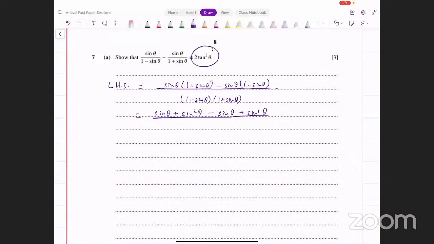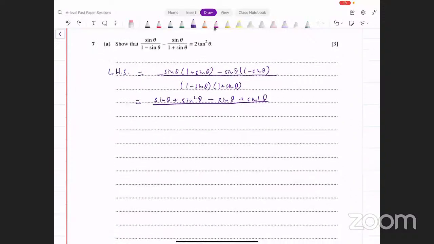हमें अंत में tan square theta चाहिए. So what we want is we want sine in the numerator and then cos in the denominator. हमें पता है sine over cos जो है वो tan बन जाएगा. So denominator में हम क्या कर सकते हैं? We can simplify this. इसको simplify करेंगे तो क्या मिल जाएगा? It's a minus b into a plus b. It's going to be a square minus b square. That's 1 minus sine square theta. Now, how does that help?